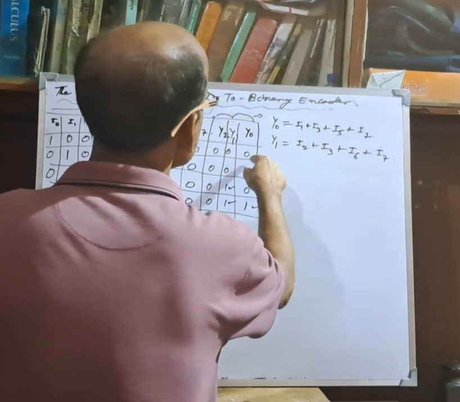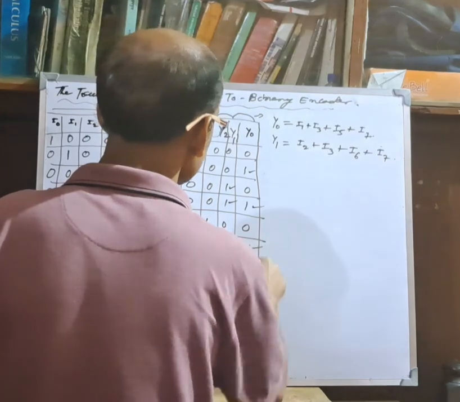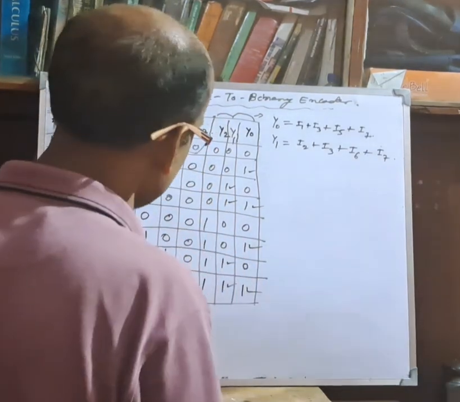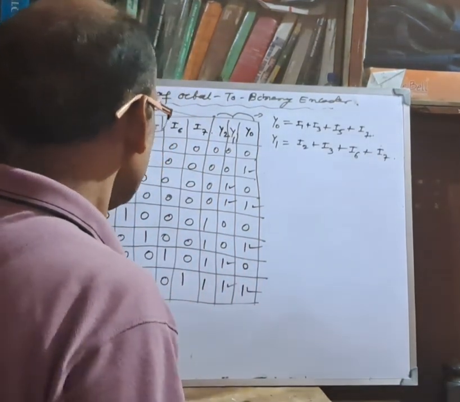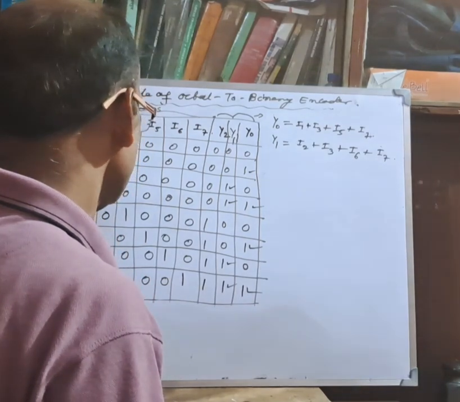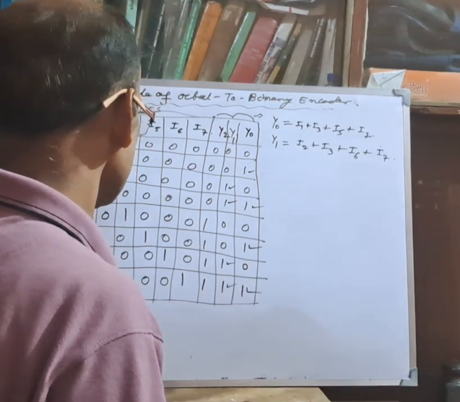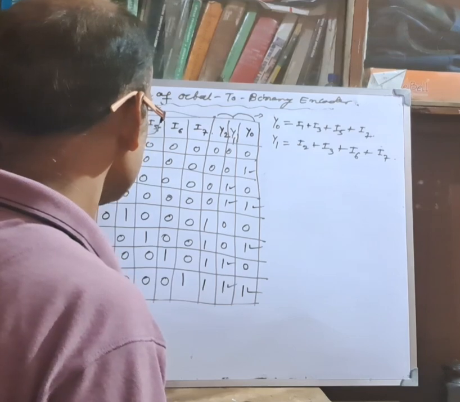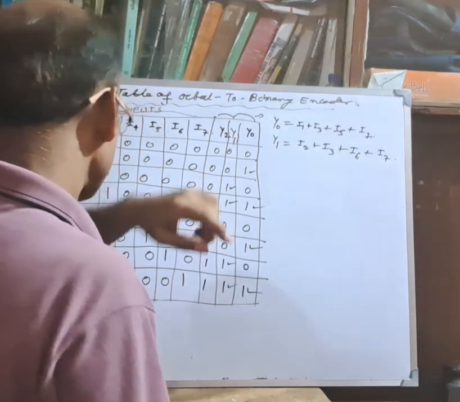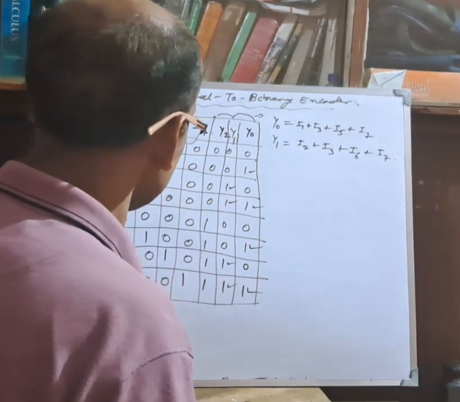You will check it 0 1, 0 1, 0 1, 0 1. This is also the way to check whether you have written the element in the output correctly or not. Okay, this is the way to check yourself.